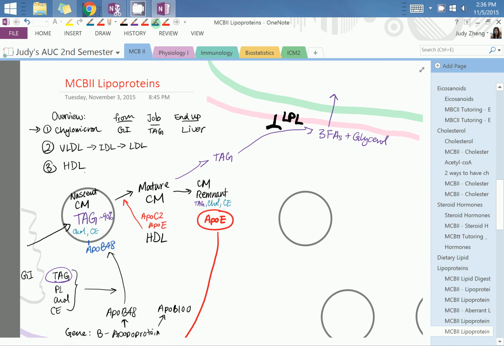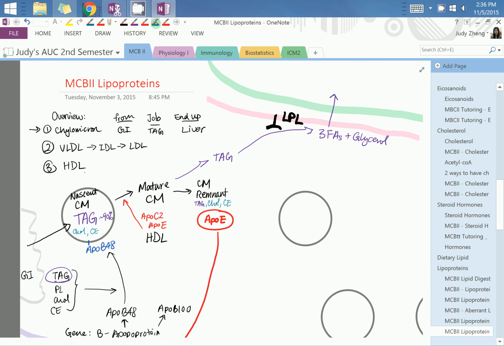The pink here is the blood vessel wall. And this protein is anchored onto the blood vessel, and this is called lipoprotein lipase, abbreviated as LPL.